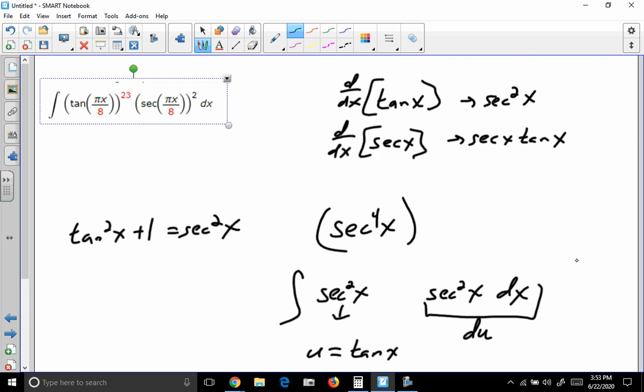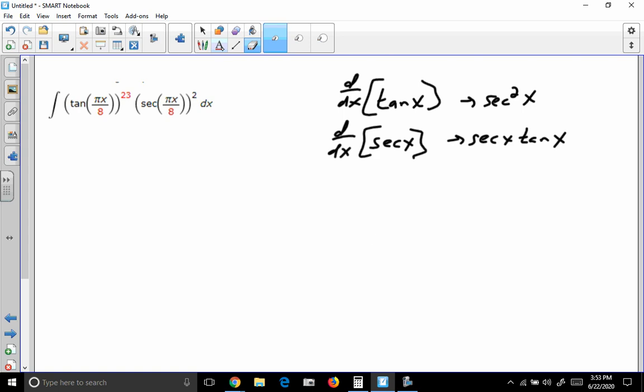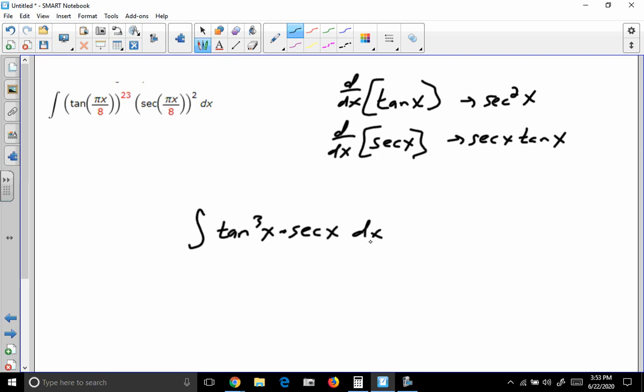So that's one thing. If the power of tangent is odd, so what if we have an odd amount of tangents? So for example, tangent cubed times secant. Then we're going to pull one of these tangents over with a secant.